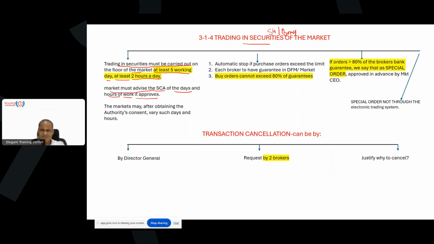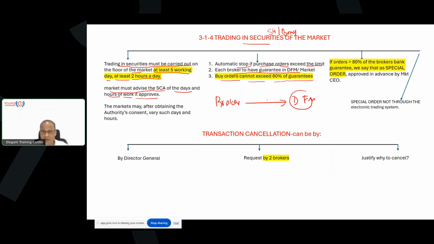Clear? Next, automatic stop if purchase orders exceed the limit. Each broker to have guarantee in the market, buy orders cannot exceed 80% of the guarantee. So every broker, please understand, now there is a broker here, right? And here Dubai Financial Market.